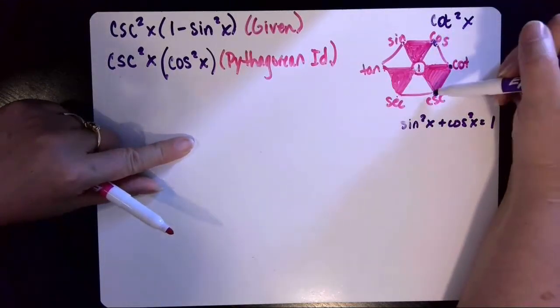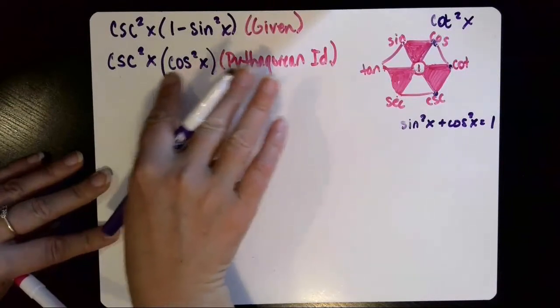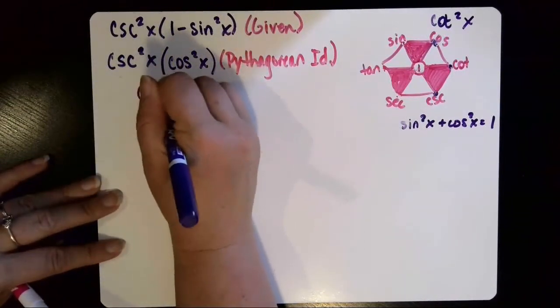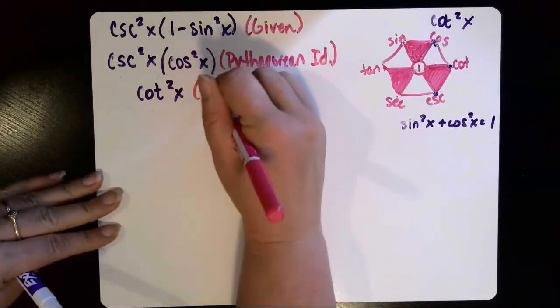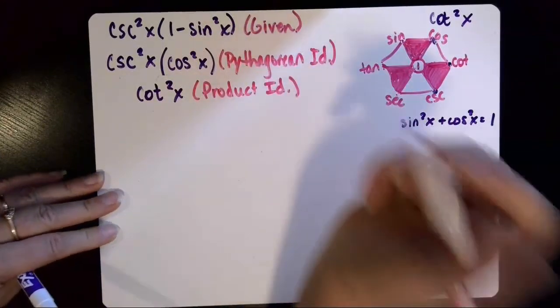So the product of cosine times cosecant is cotangent, and that means that I can apply a product identity to this product, and I'll end up with the cotangent squared of x. And that was using a product identity.